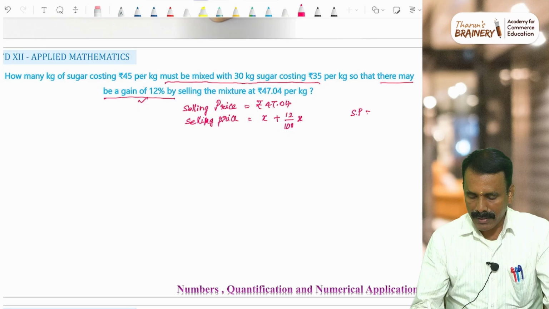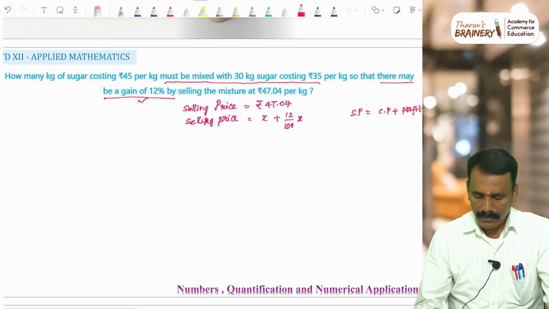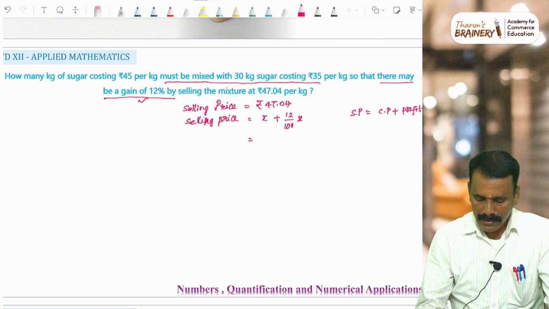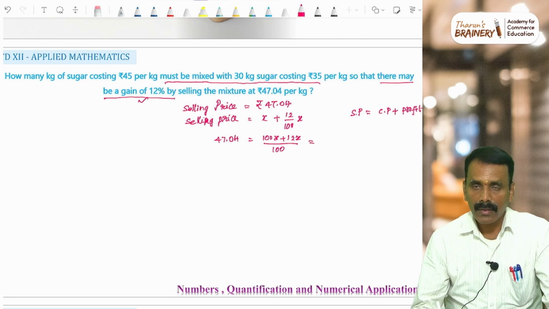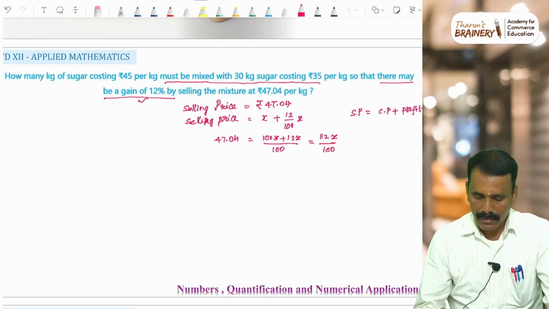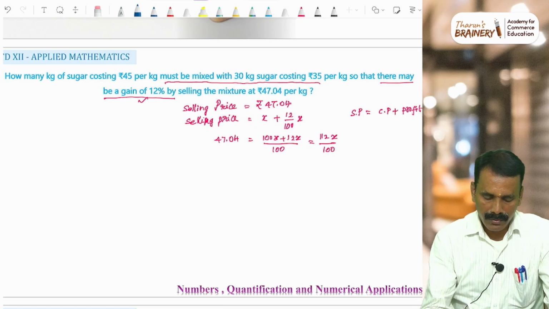We have the formula, selling price is nothing but cost price plus profit. So we take LCM. Selling price is already given to us, 47.04. When we take LCM, it is 100x plus 12x divided by 100, that is equal to 112x by 100. From here we are going to get the value of x.